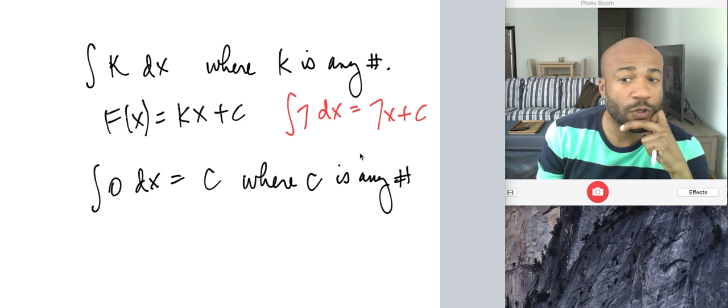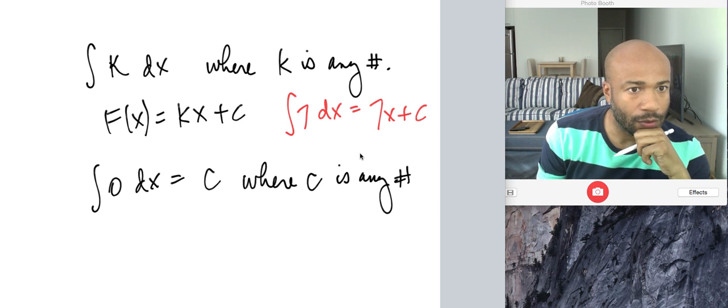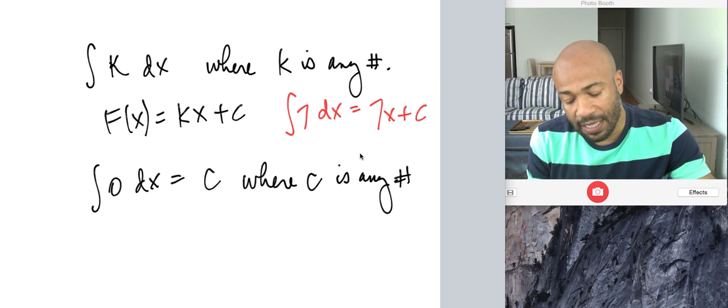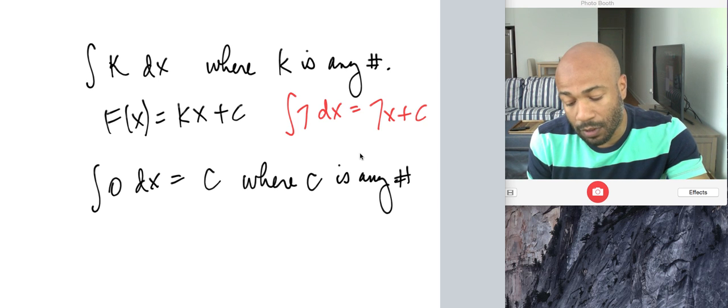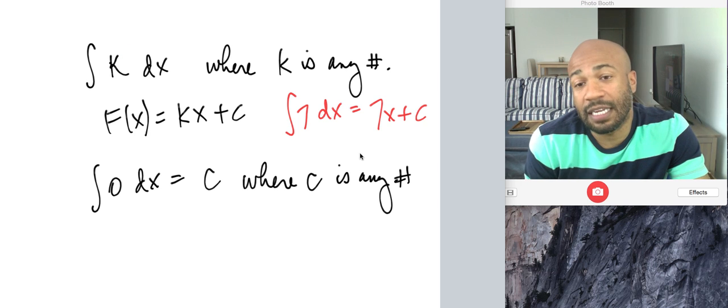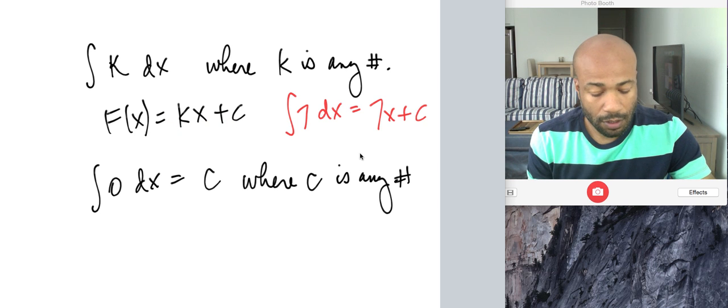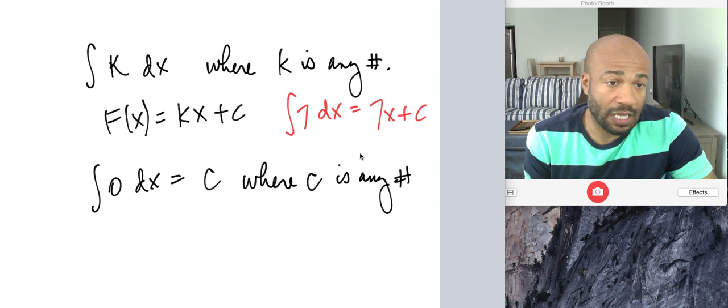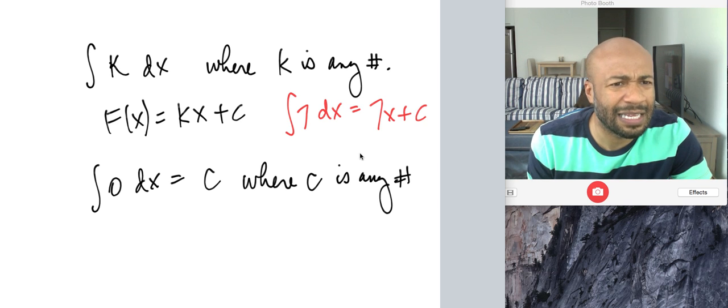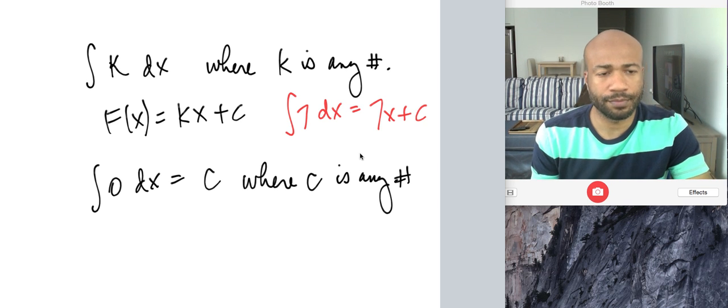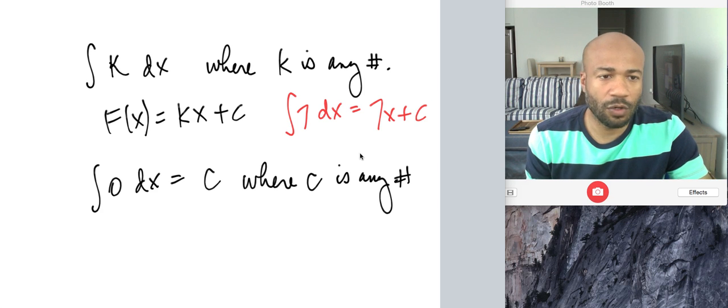So what happens if you just have a number inside the integral? Let's just say I have k as an example. If I just have k, where k is any number, then the antiderivative would be that number times x plus c. So an example would be, if I just have 7 dx, that's equal to just adding an x. Technically, we're really using the power rule, but you don't have to derive that.